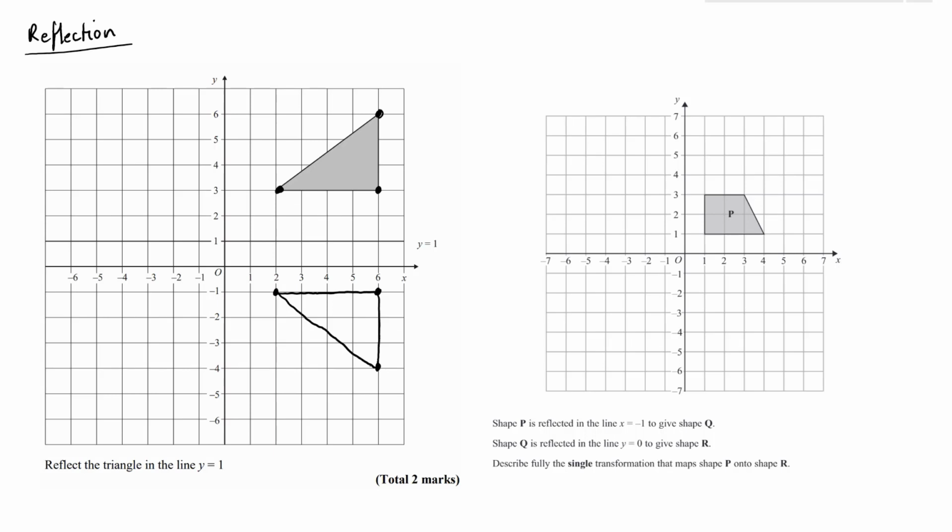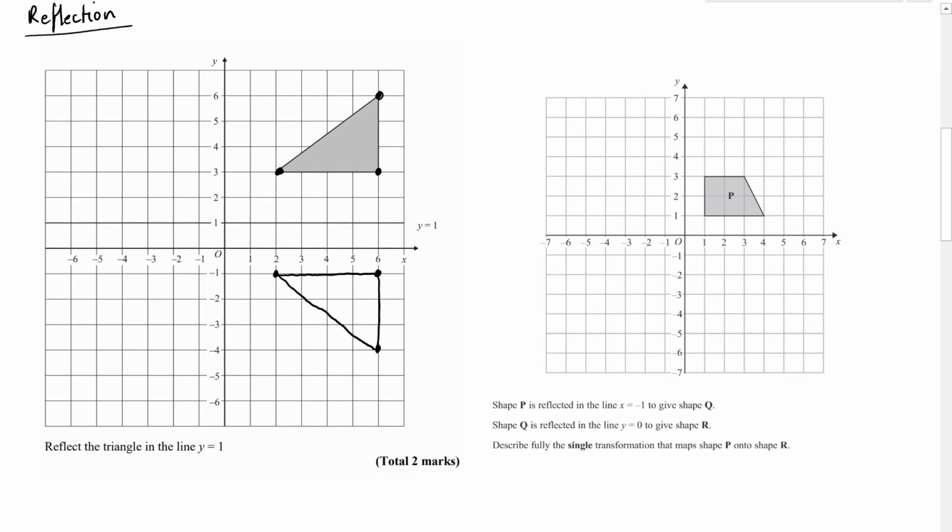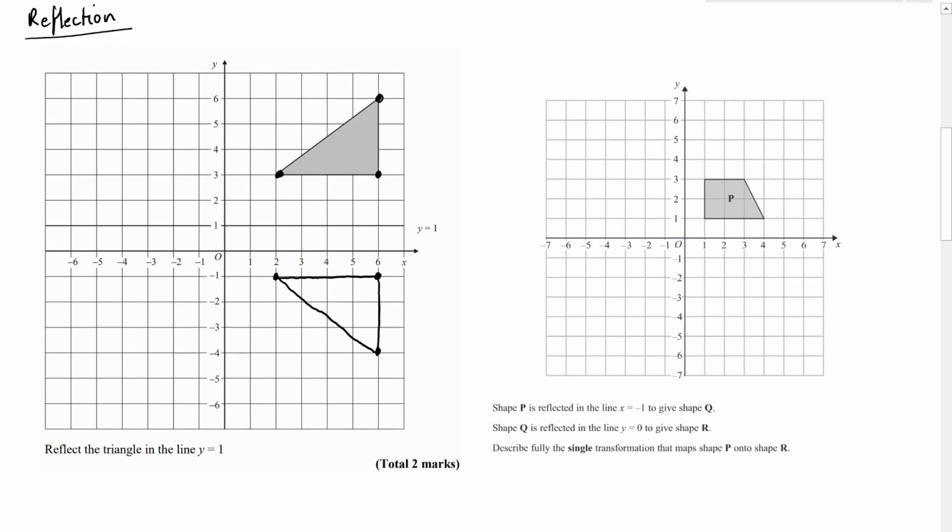Now this question is a little bit trickier, because they've asked you to do more than one reflection, and then they're asking you for the single transformation to get from the very start to the very end of these 2 transformations. So they've originally given you shape P, and they're now saying that shape P is reflected in the line x equals minus 1. Now x equals minus 1 is this line here, because all across this line, no matter what y value we have, x is always equal to minus 1.